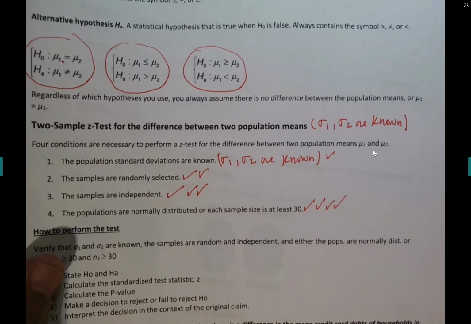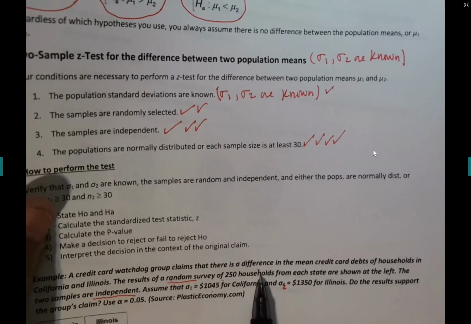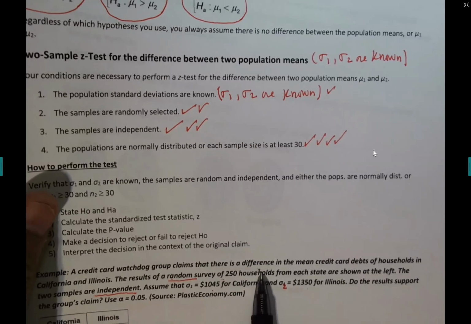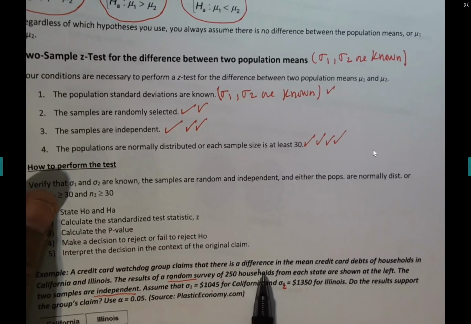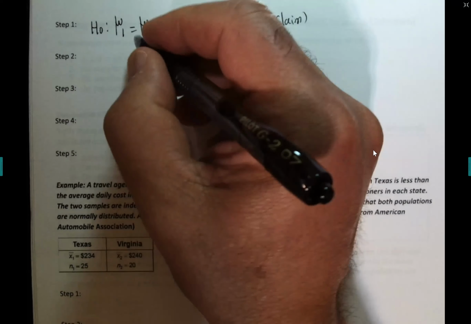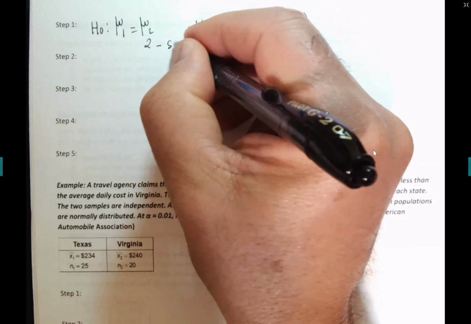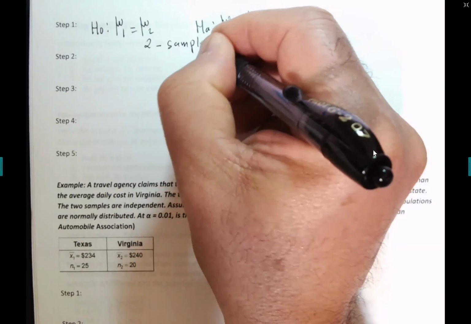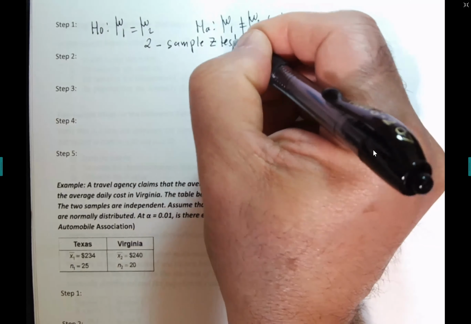Difference. Just read that carefully. If it says they are equal, it would have been the null hypothesis, but it says the difference. Okay. And guys, we're gonna see when the population standard deviations are given, we just use the z-test.